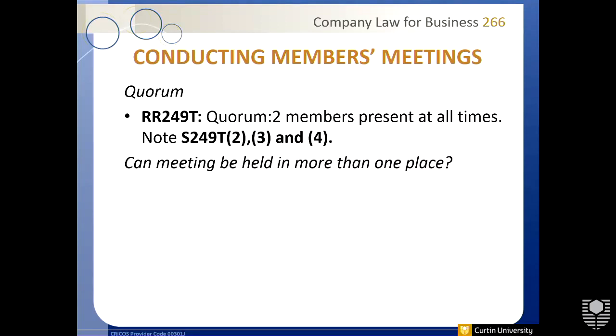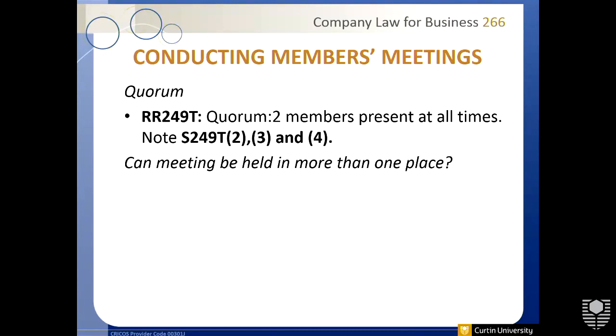Can a meeting be held in more than one place? Can you be in the Bahamas and still attend a meeting in Perth? Can? How? Skype, WhatsApp, God knows what else, every other technology. Well, the Australian Corporations Act is very advanced. It was one of the most advanced Corporations Acts in the world, actually.